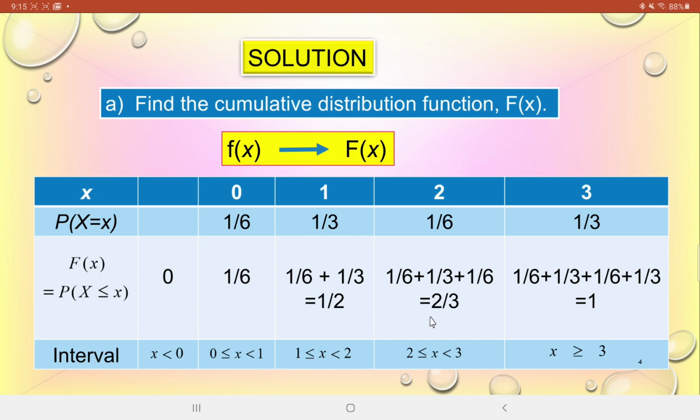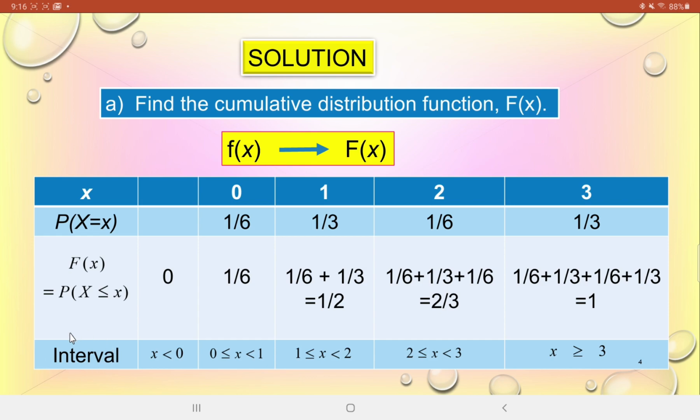And next, we get 2 over 3. 2 over 3 comes from 0 plus 1 over 6 plus 1 over 3 plus 1 over 6. And the last one, we get 1, since the sum of all probabilities is equal to 1.